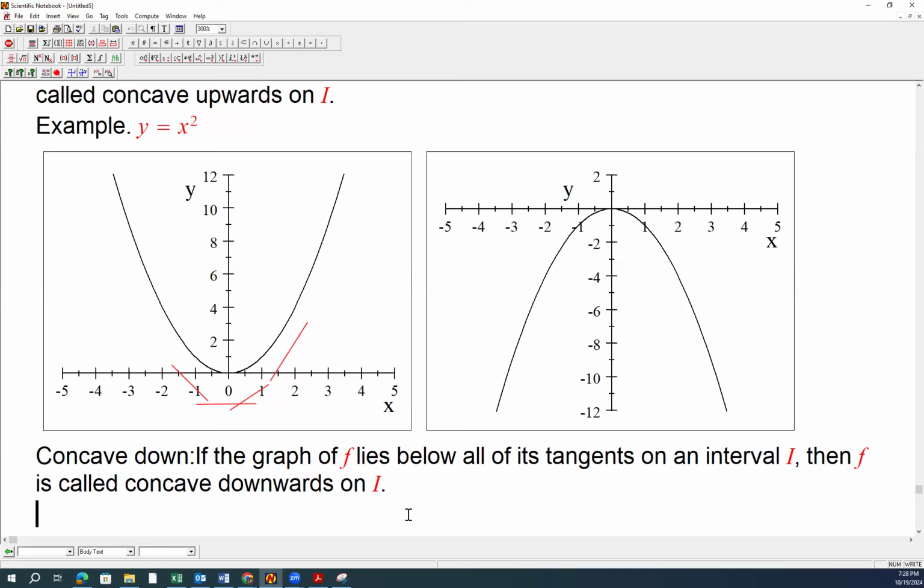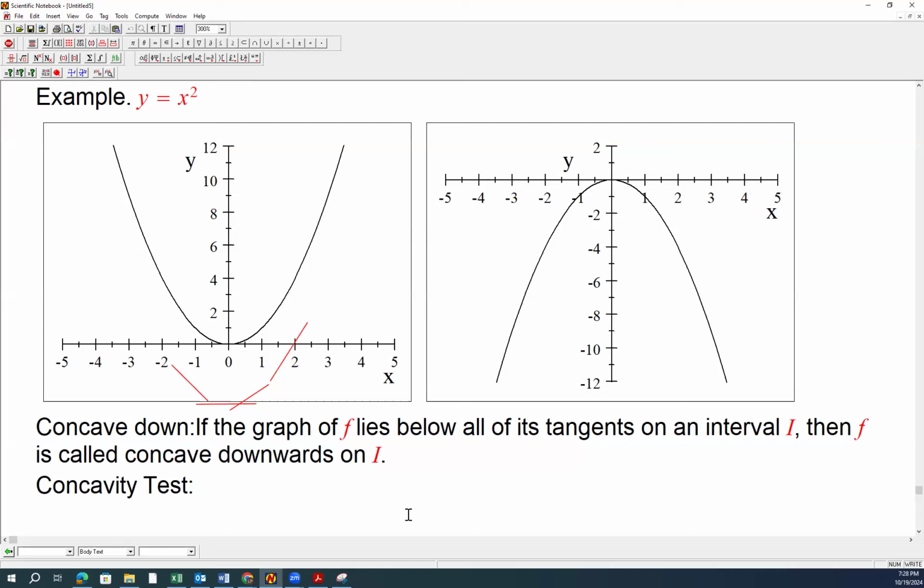What is a concavity test? Okay, so the concavity test. If the second order derivative is positive on an interval, then it's concave up.